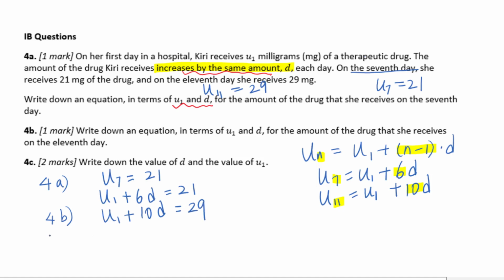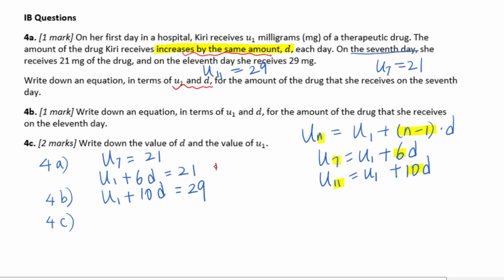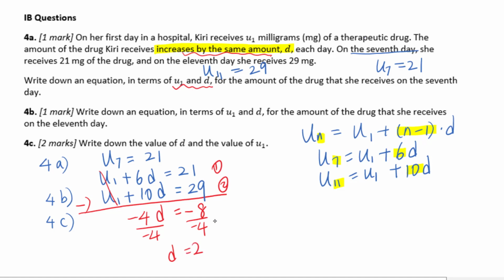For 4C, write down the value of d and the value of u1. We will solve this system of equations. Subtract both sides. Cancel. Negative 4d equals 21 minus 29, negative 8. So we divide by negative 4 both sides. d equals 2.